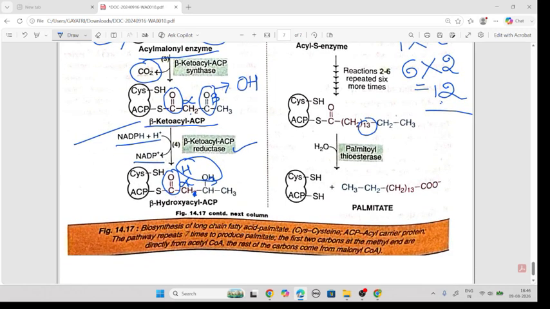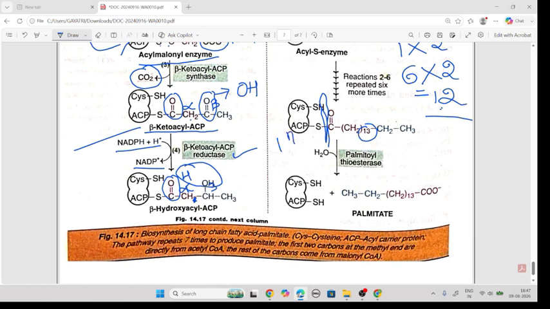Now what happens? In presence of palmitoyl thioesterase enzyme, water is added, meaning a hydration reaction takes place, where the entire breakage occurs and your entire fatty acid is separated from your FAS complex.